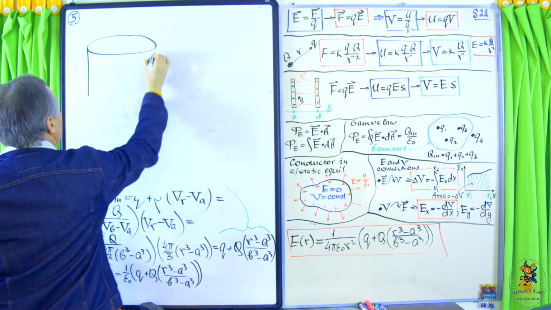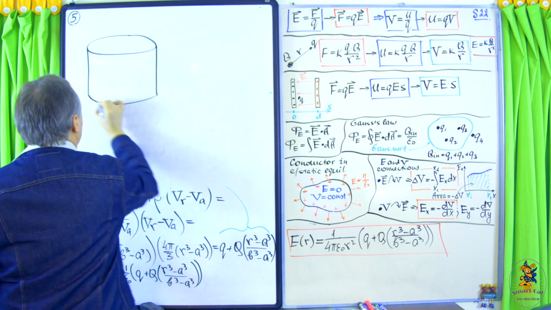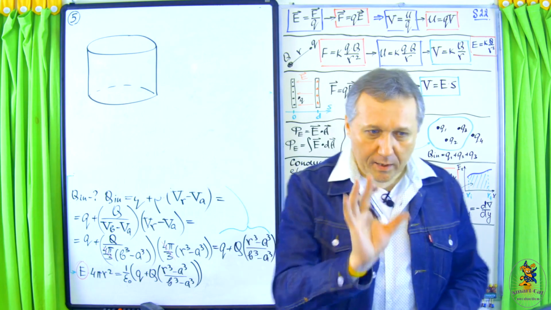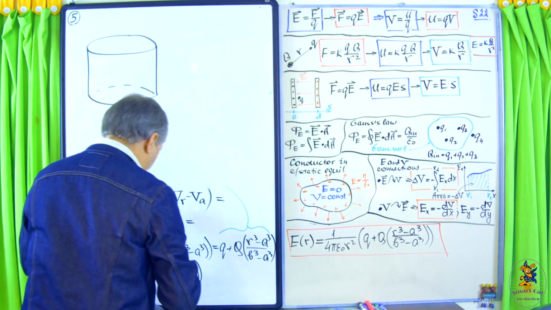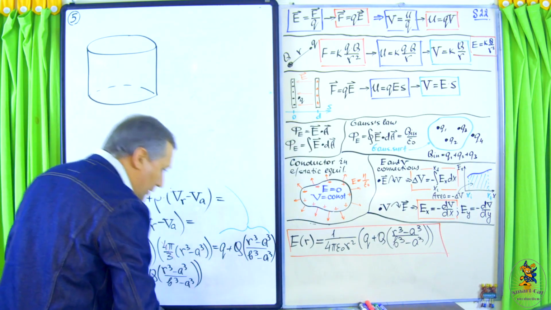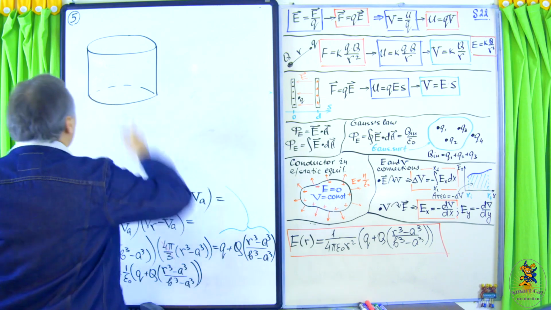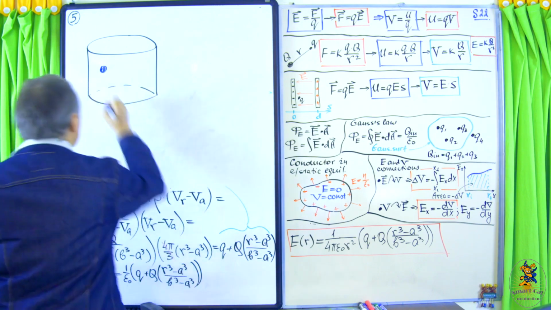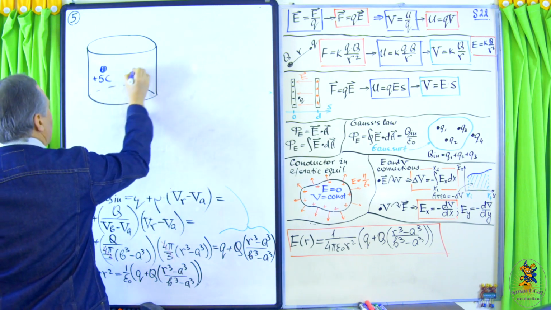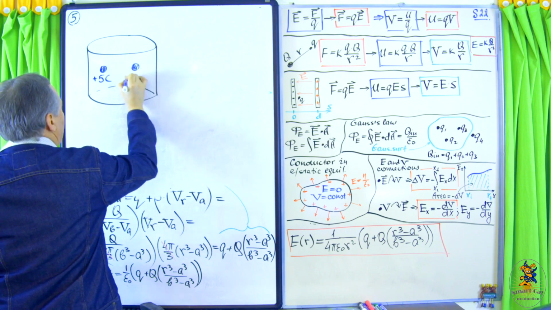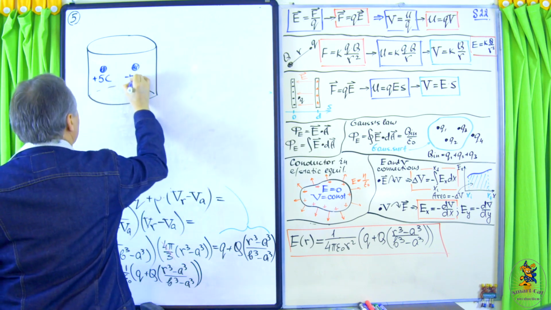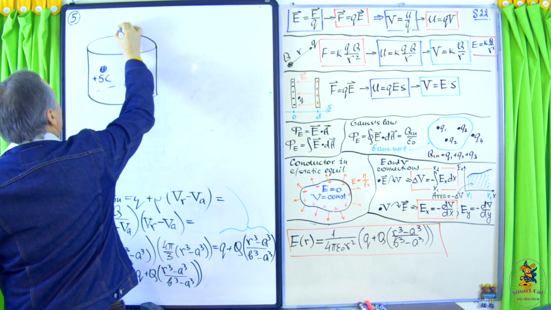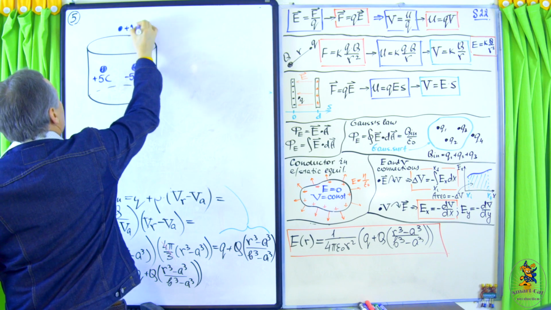Size doesn't matter. And there are 3 charges. I decided to add 3 charges. Some of them positive, some of them negative. All right, so let's say this is plus 5 coulombs, and this is minus 5 coulombs. And then one charge is over here, plus 2 coulombs.